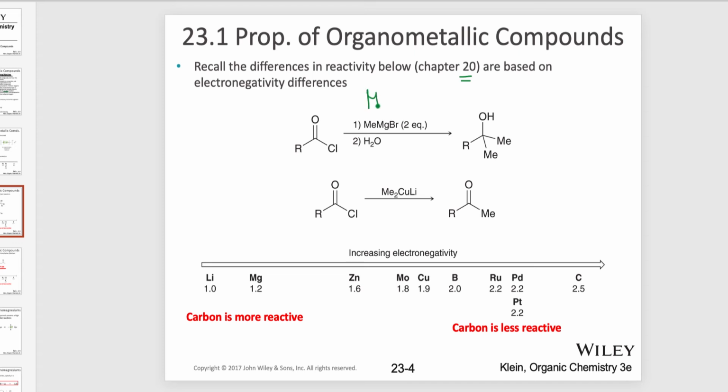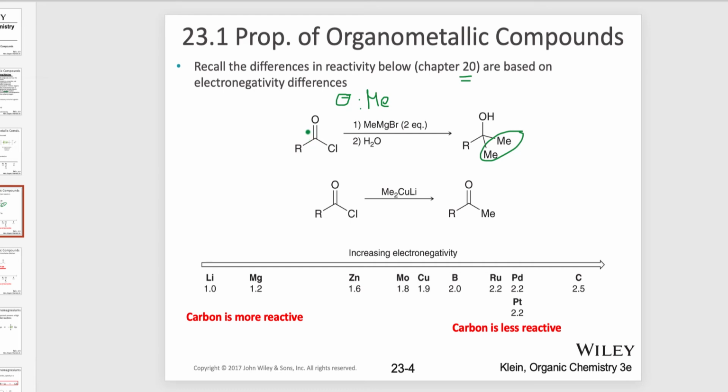So we can think of this as forming a methyl anion. So a very potent nucleophile that's going to attack the carbonyl group, and this can happen twice. So we're introducing two of the same substituents to form a tertiary alcohol.